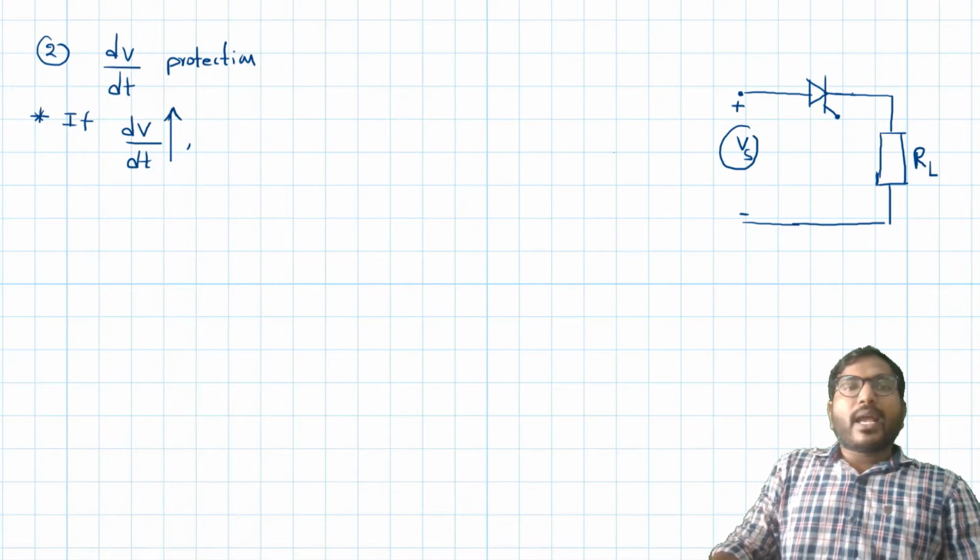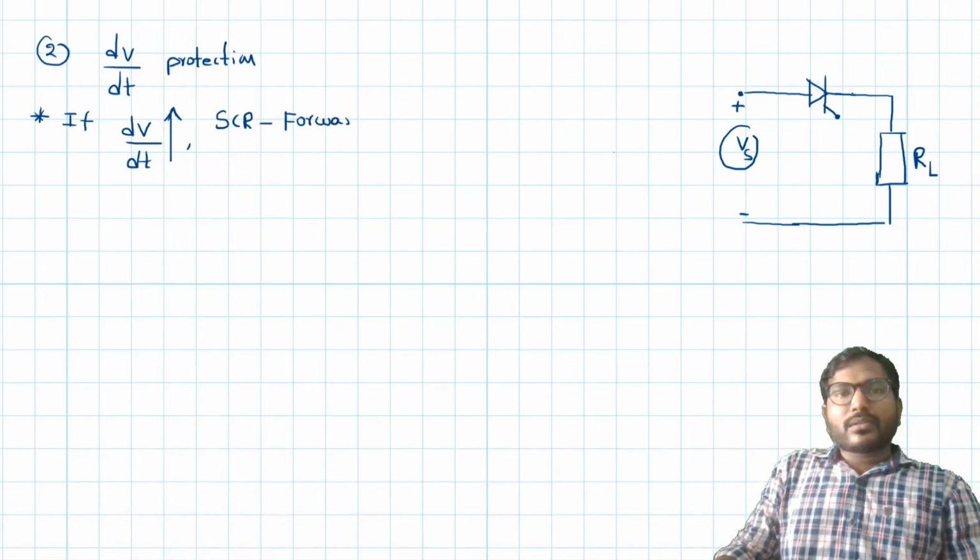And the SCR is in forward blocking mode, before triggering.